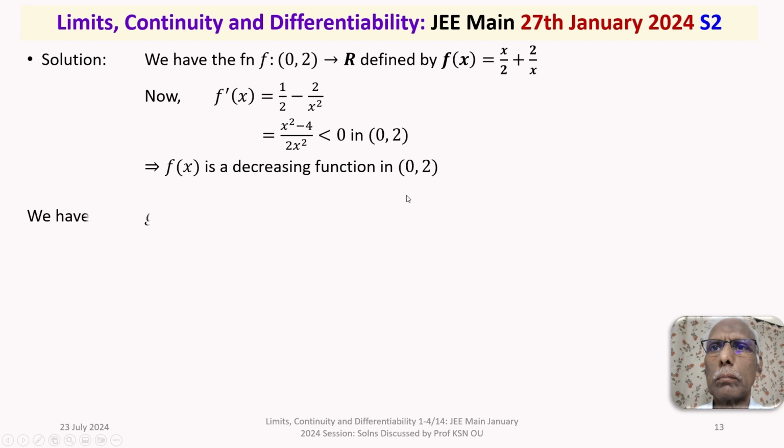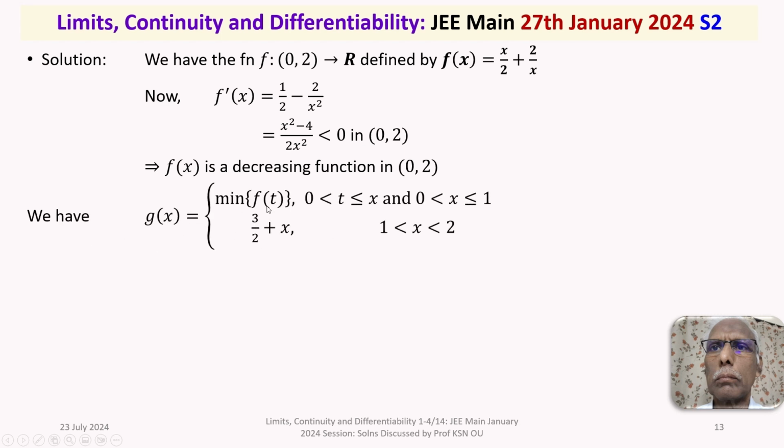Now let's see. We have g of x given to be the minimum of f of t when 0 less than t less than or equal to x. So in 0 less than t less than or equal to x, the minimum of f of t is f of x only. This is f of x. But x will vary 0 less than x less than or equal to 1.